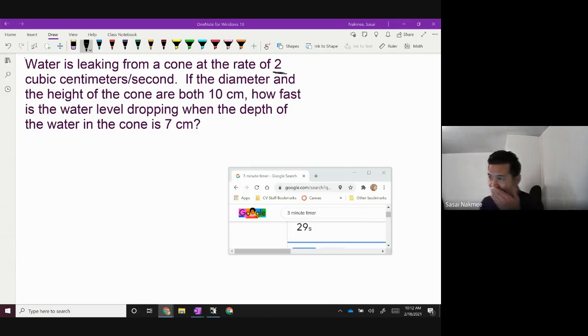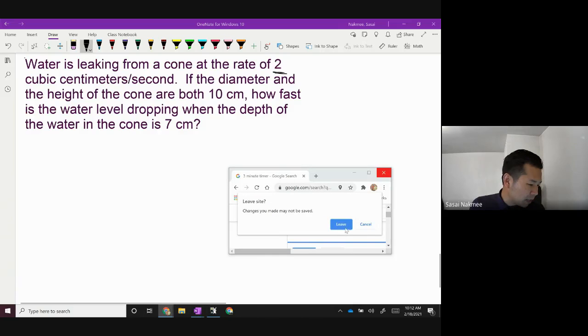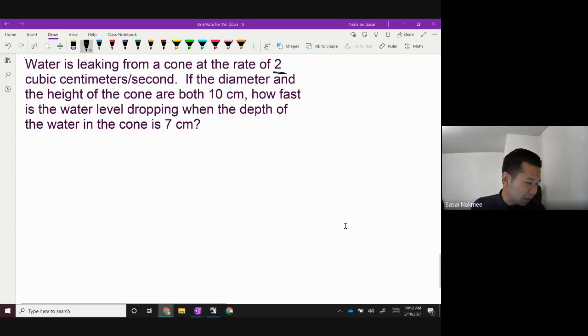So nice, you've labeled some stuff. Now tell me, as a class here, are you okay if we say the height of the cone or the height of the liquid inside the cone? Are you guys okay with using the letter H? Maybe that's okay.